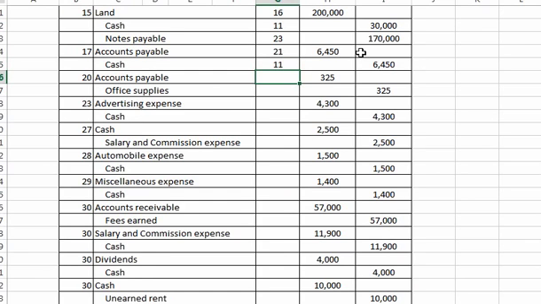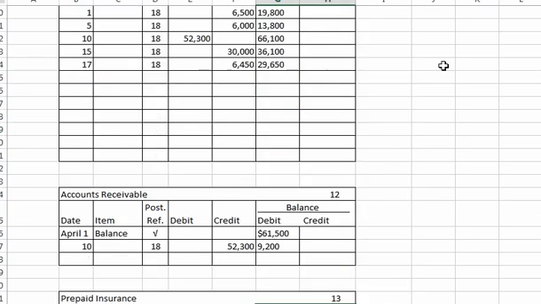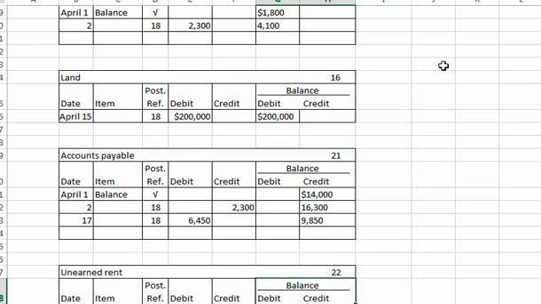Then we have a debit to accounts payable for $325 on the 20th. From journal page 18, there's a debit to accounts payable for $325 on the 20th. We have a credit balance and a debit entry, so we're going to subtract.